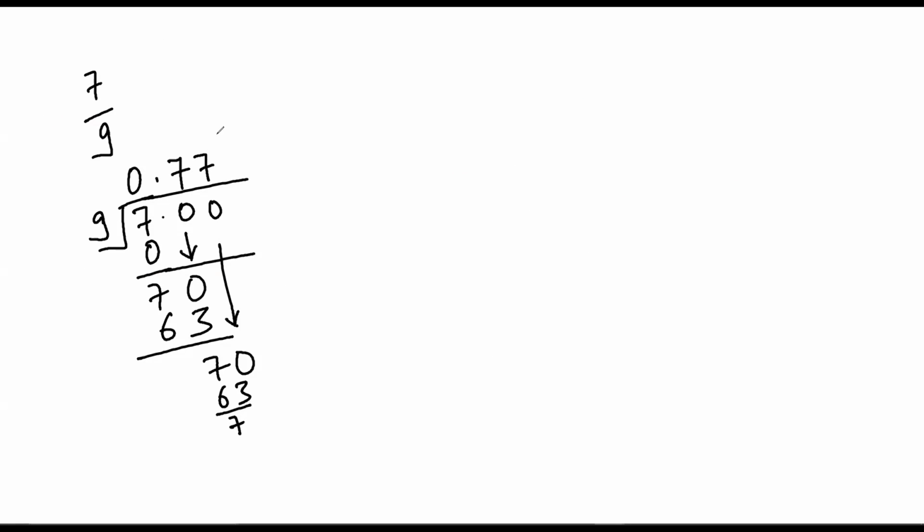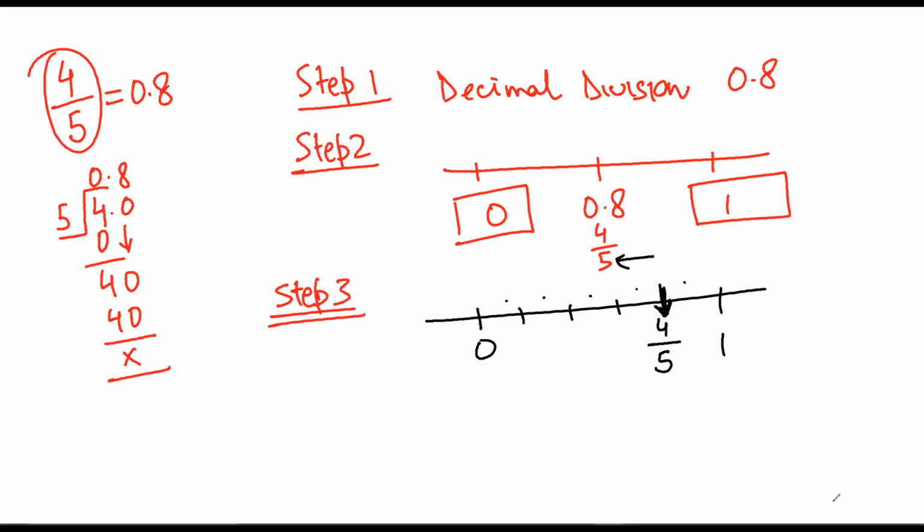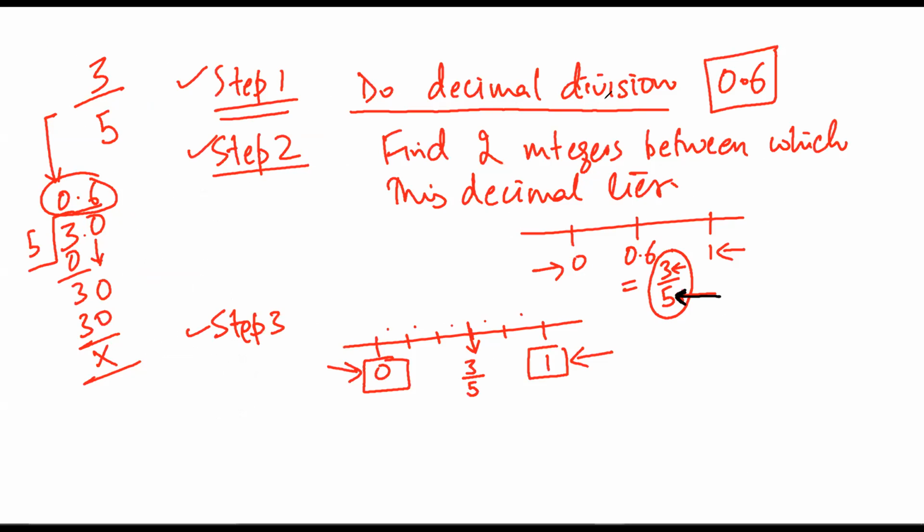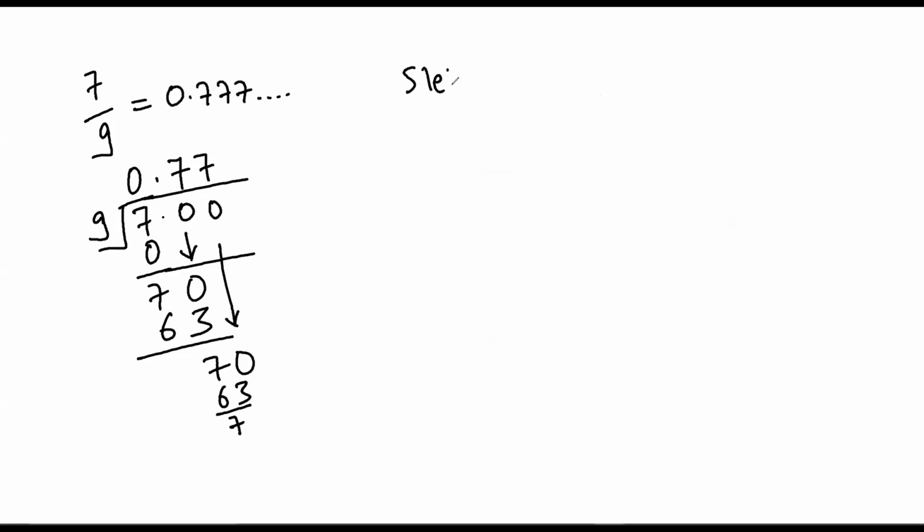So 7 by 9 would be equal to 0.777 and so on. Have you understood or not? Yes, sir. So my step 1 was do decimal division and get the answer. My step 1 is that 7 by 9 is equal to 0.777.